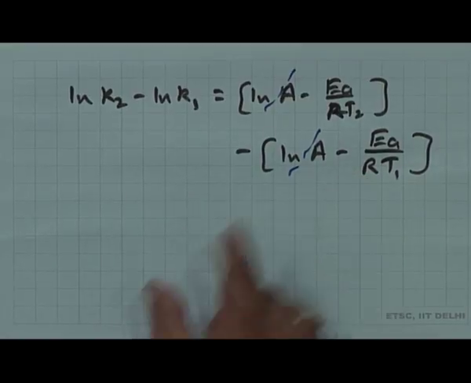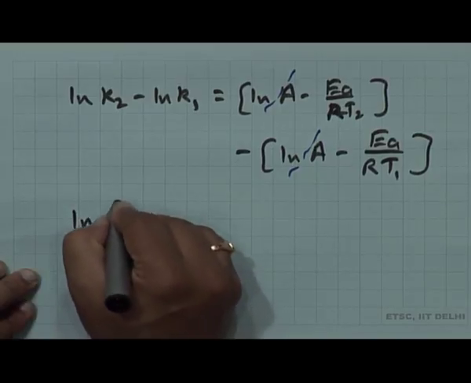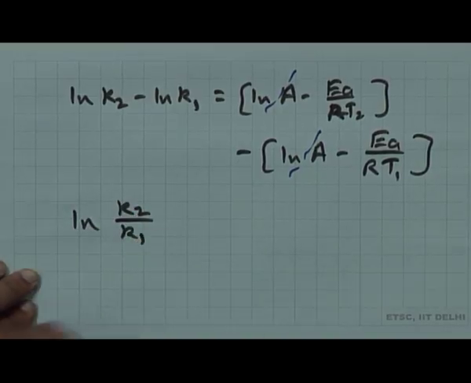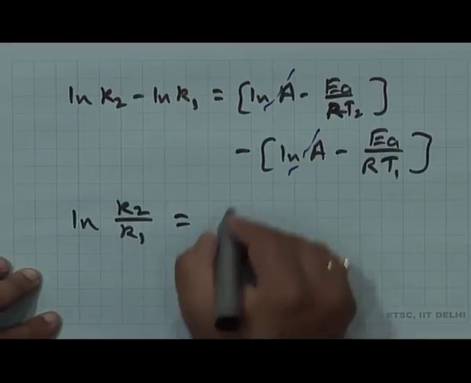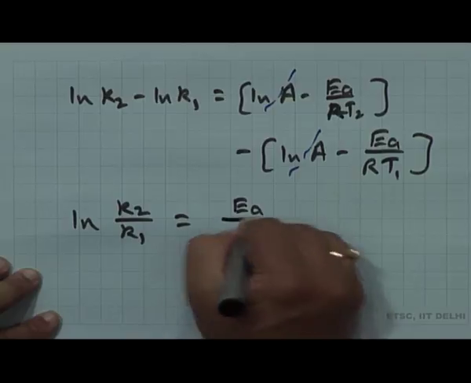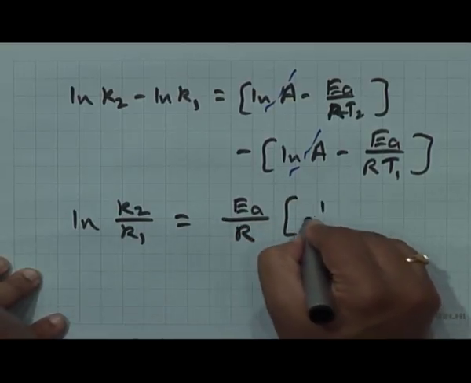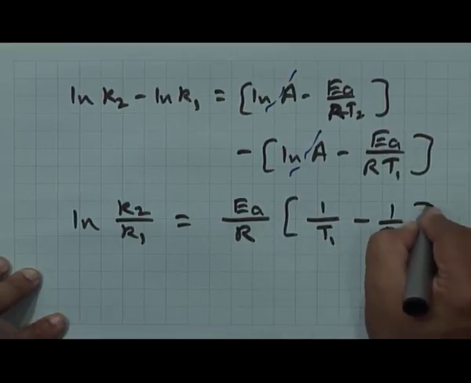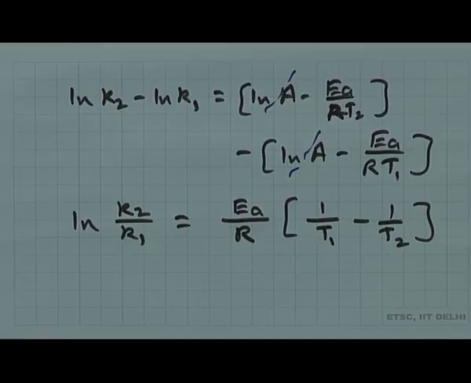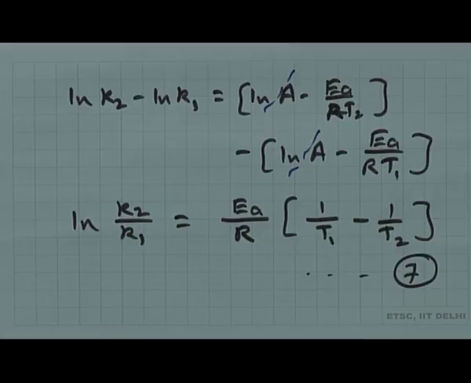R obviously is constant. Okay, so then we can write that natural log of K2 over K1 is equal to Ea over R times (1 by T1 minus 1 by T2). Okay. So, this is a very important equation. What is it telling you?